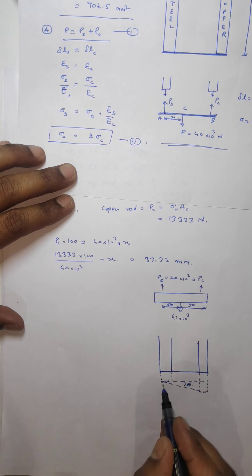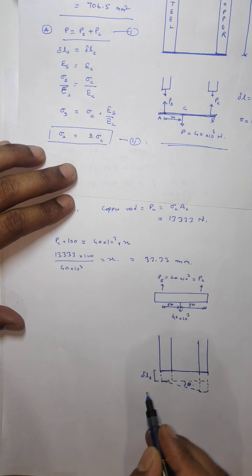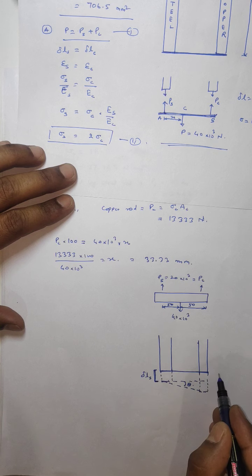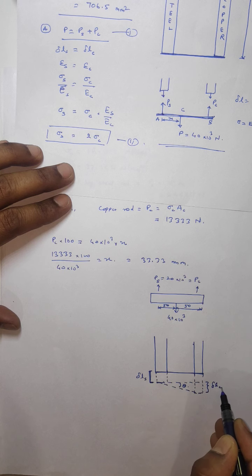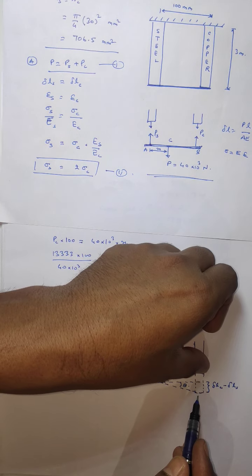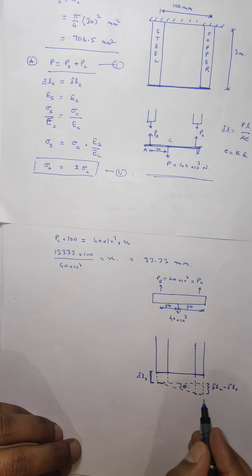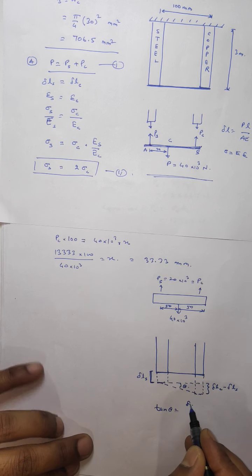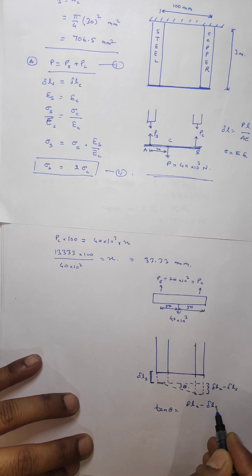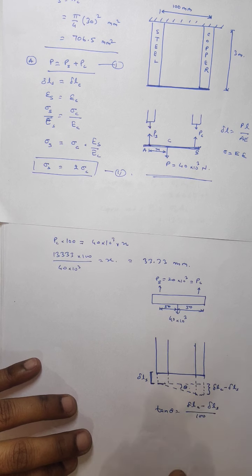We can clearly see that this is del L steel, the elongation in steel, and the total one is del L copper. So this will be del L copper minus del L steel. Now in this triangle, tan theta is del L C minus del L S upon 100, that is the base. So the whole thing reduces to calculating the elongations in both the bars.